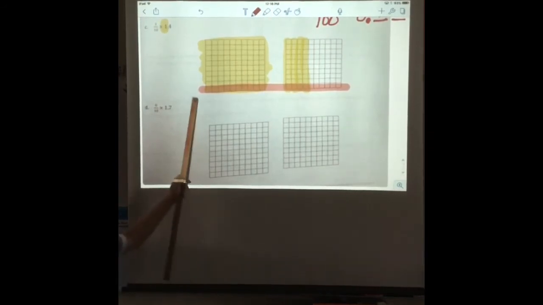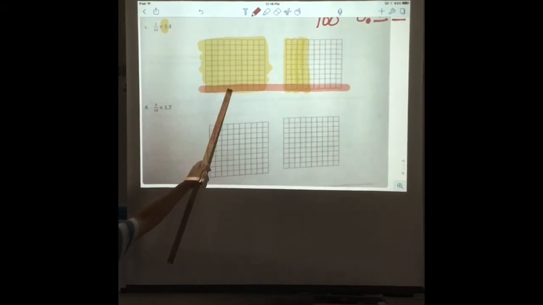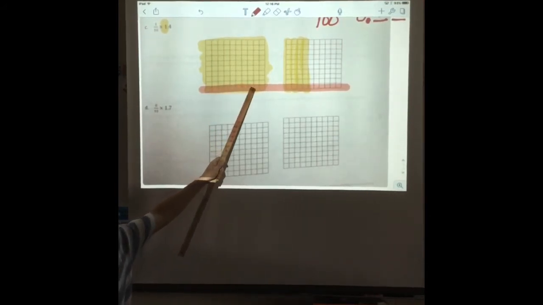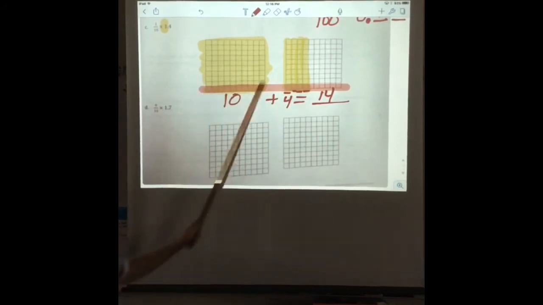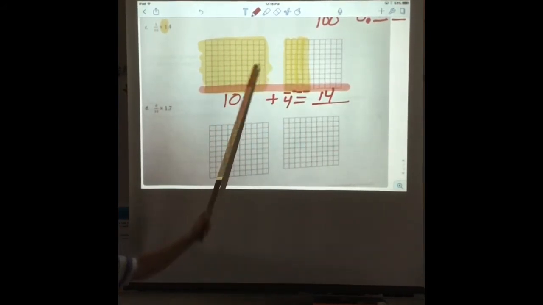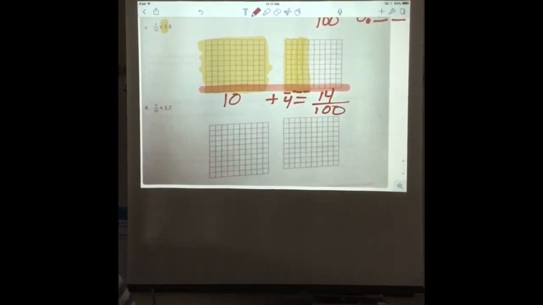Well, I've got 1, 2, 3, 4, 5, 6, 7, 8, 9, 10. Got 10 on this one, plus 1, 2, 3, 4 on this one. That makes 14 over what number? Well, we're talking about all hundredths, right? So that'd be 14 hundredths.